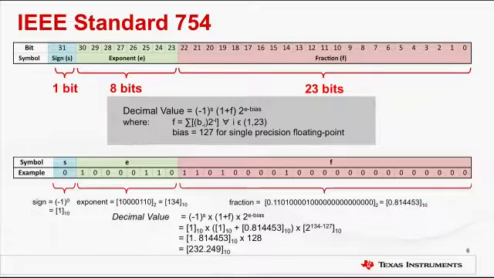The expression to determine the decimal value of a number knowing its fraction, exponent, and sign bit is shown on the screen. Let us quickly look at an example to familiarize ourselves with this concept. A 32-bit number is represented on the screen in which the lower 23 bits are used for the fraction, the next 8 bits are used for the exponent, and the most significant bit is used for the sign.